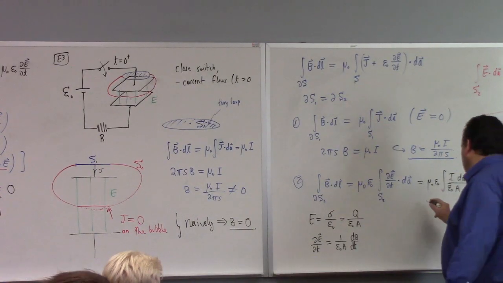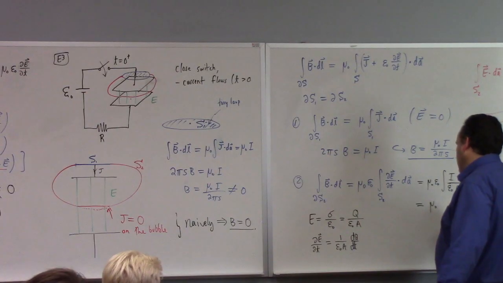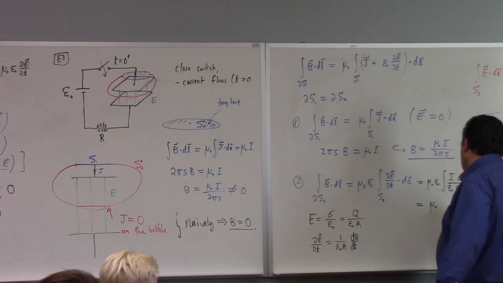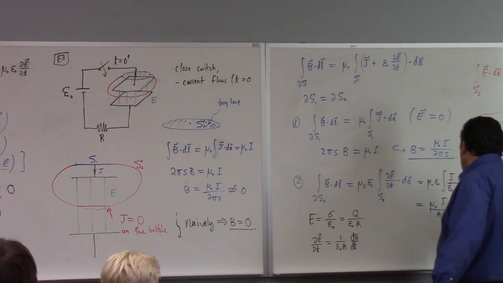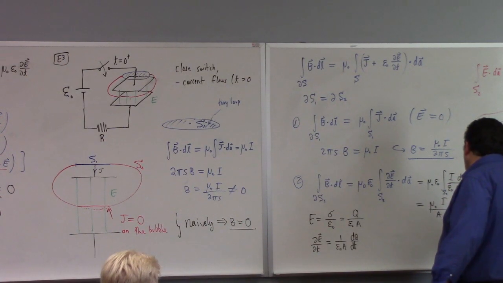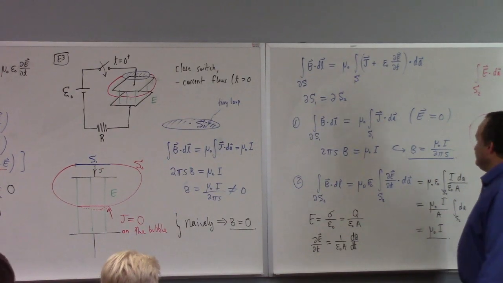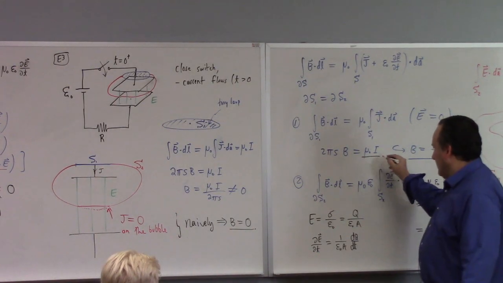So the epsilon naught's canceling, and we've just got mu naught, and I should say, yeah, I'm an idiot. Mu naught I over A, the integral over S2 of dA, which is also A, right? So I get mu naught I A over A. I just get mu naught I, which of course is the same as mu naught I.